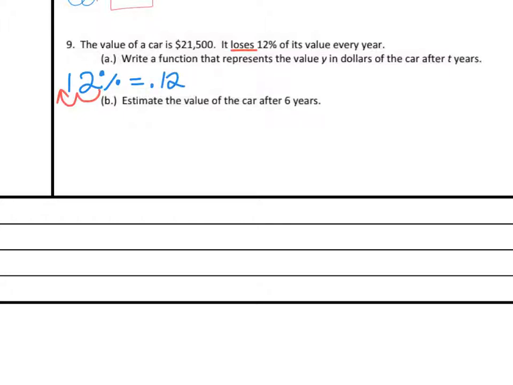So your function then is going to be y equals, starts at 21,500, and you are subtracting 0.12 from 1 because it's decay. You're subtracting. I got to have you remember that because otherwise it's going to increase.